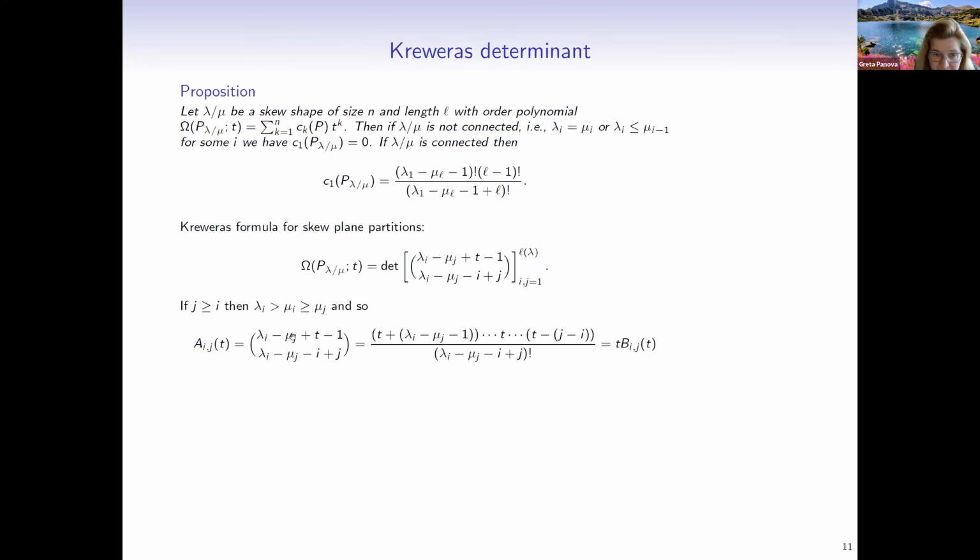If you expand this binomial coefficient, it starts with t plus lambda_i minus mu_j minus 1, which is a non-negative number, and then it goes down to t minus something, which is also positive. Because it goes through consecutive terms, at some point there's going to be a factor of t here. So this is a polynomial divisible by t.